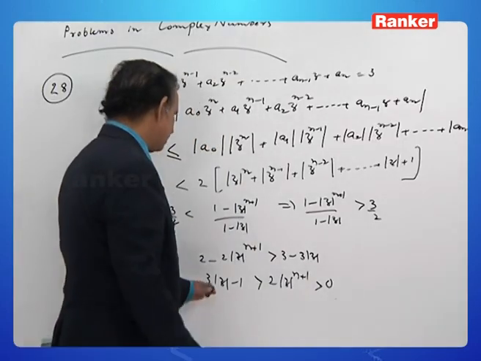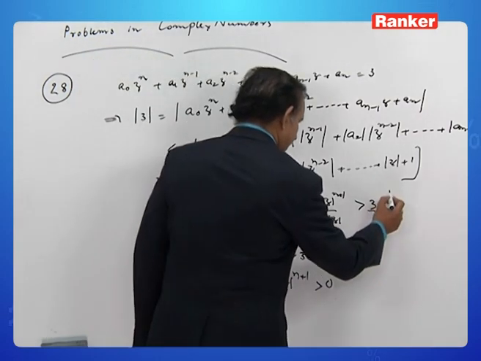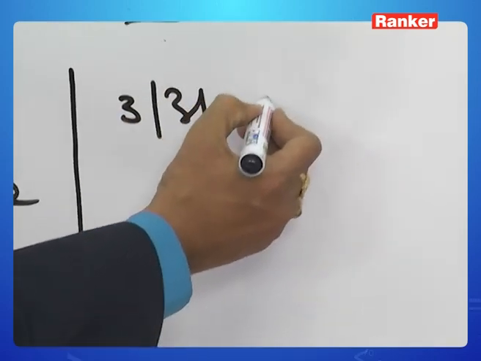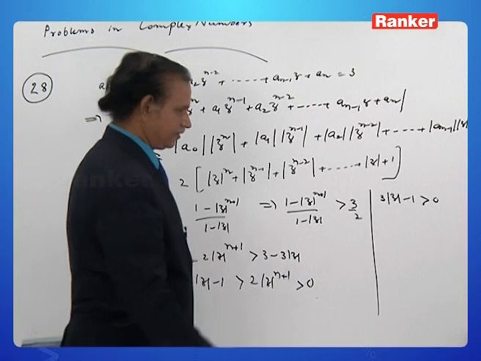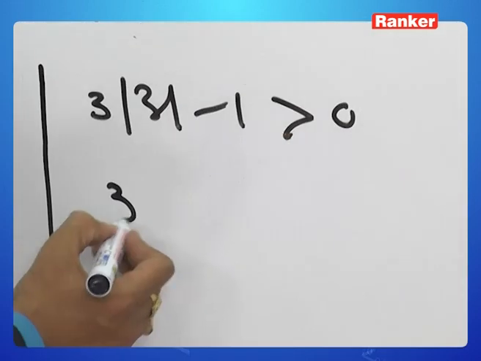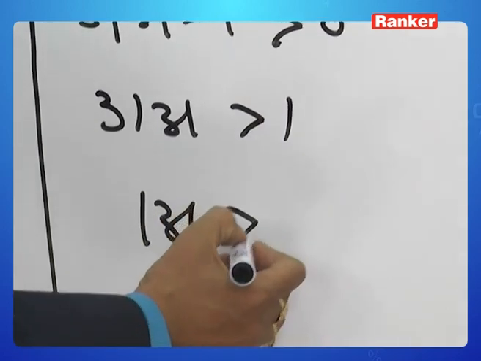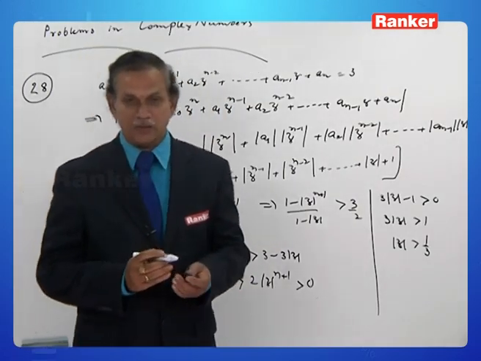What do you observe? 3|z| - 1 is greater than 0. That is 3|z| is greater than 1, or |z| is greater than 1/3.